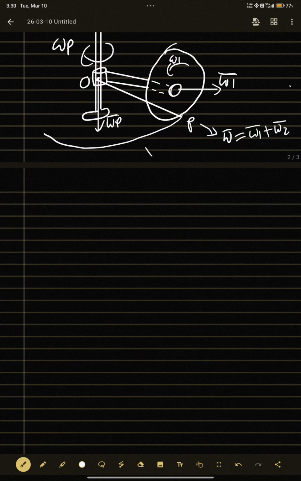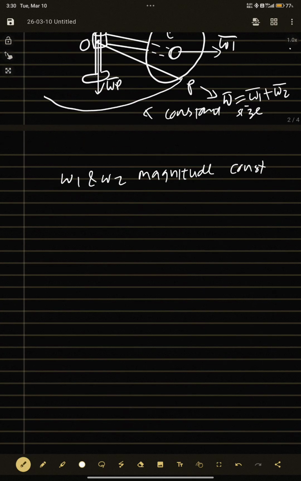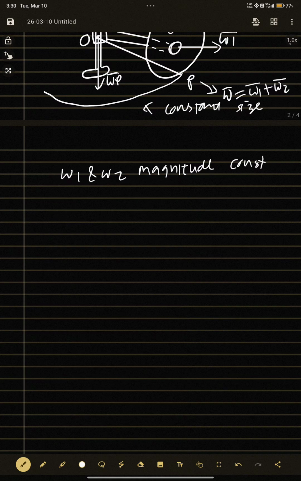ये cones size में constant हैं, क्योंकि omega 1 और omega 2 का जो magnitude है वो constant है। But if omega 1 changes in magnitude, omega 2 also changes in magnitude, then the size of the cones will also change with time.